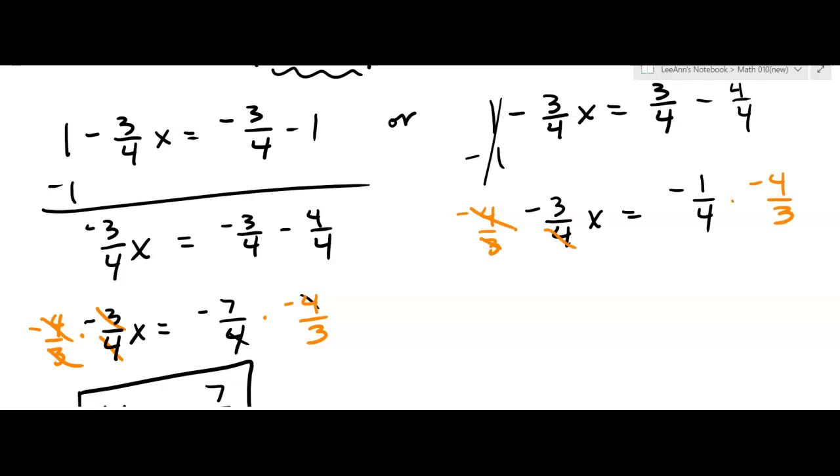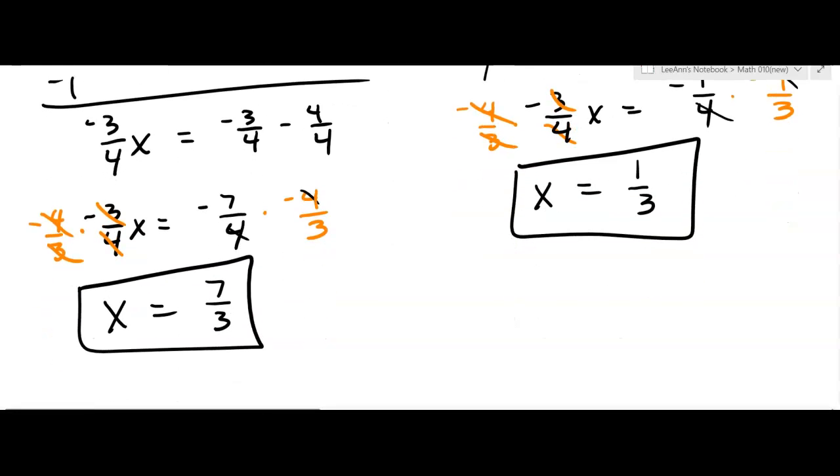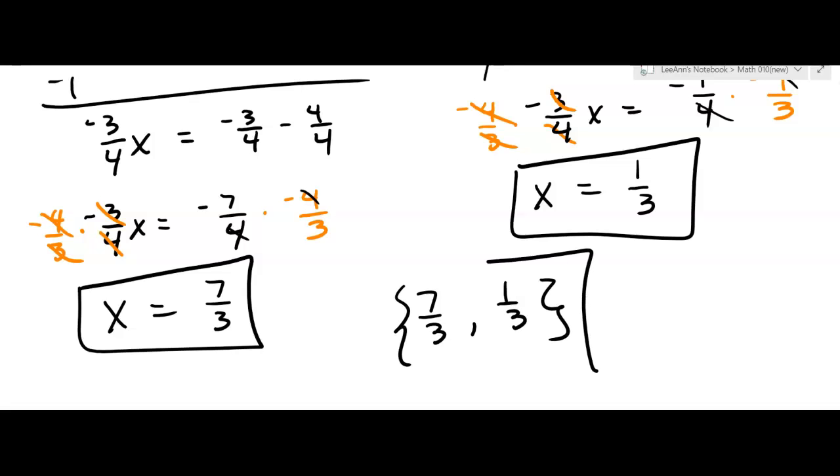Okay, so those cancel, and I just get x equals, negative times negative is positive, 4s cancel, so it looks like I'm getting 1/3. So it looks like I have two answers, oopsies, 7/3 and 1/3. All right, that's exciting. So a little bit of fraction work on that one.